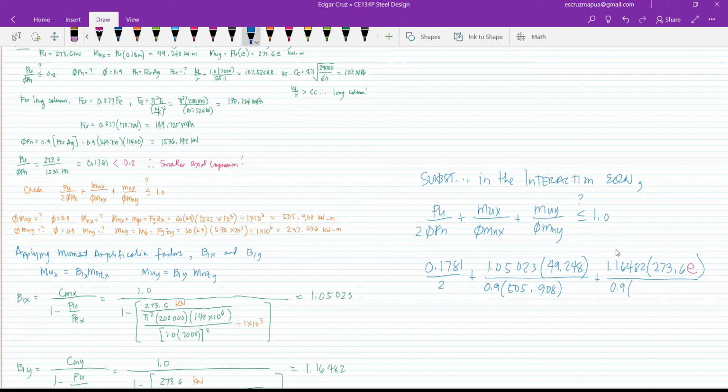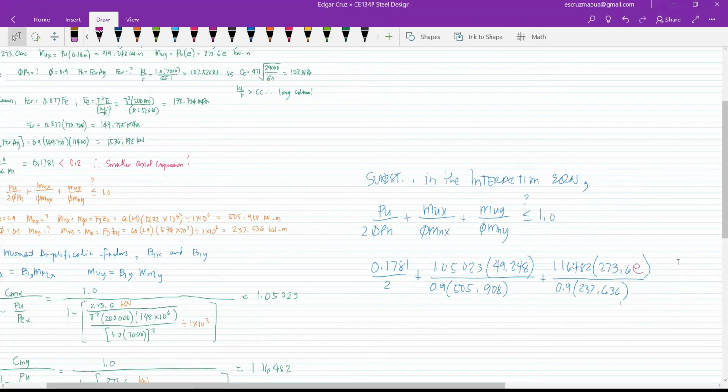Yung MNY natin, na-solve natin to be 237.636. Ayan, so yung 273.6 is in kilonewton. Let us assume that yung E value natin is in meter. So kilonewton meter na yun nasa numerator dyan. Tapos yung 237 naman is also in kilonewton meter. So consistent na siya. So then, we're going to check and equate this with if it is less than or equal to 1.0. So since yung E yung sinosolve natin, so ang gagawin natin dyan is solve for E.